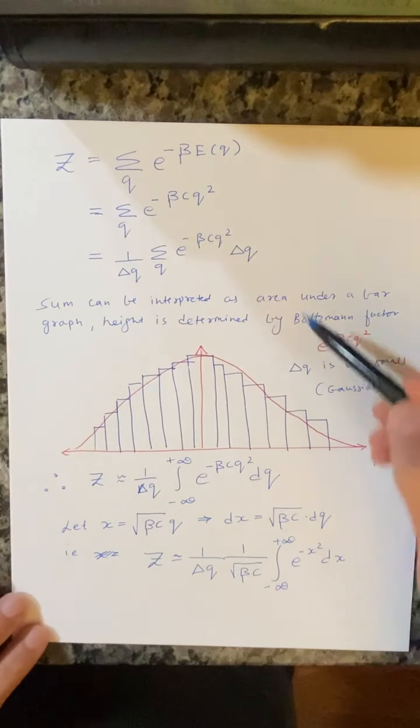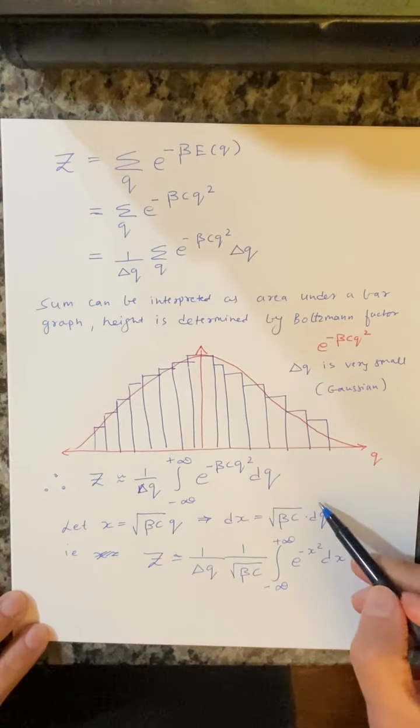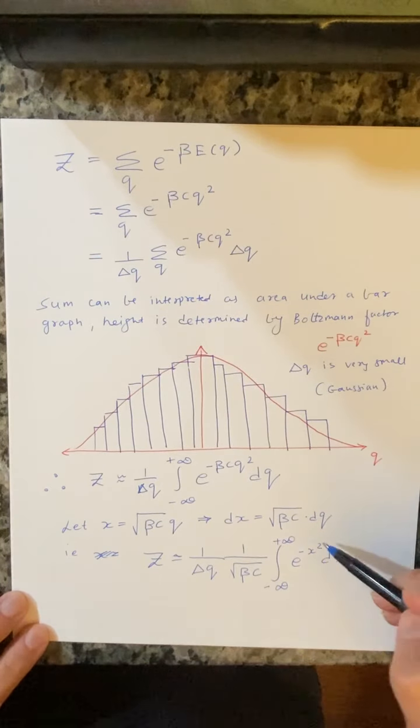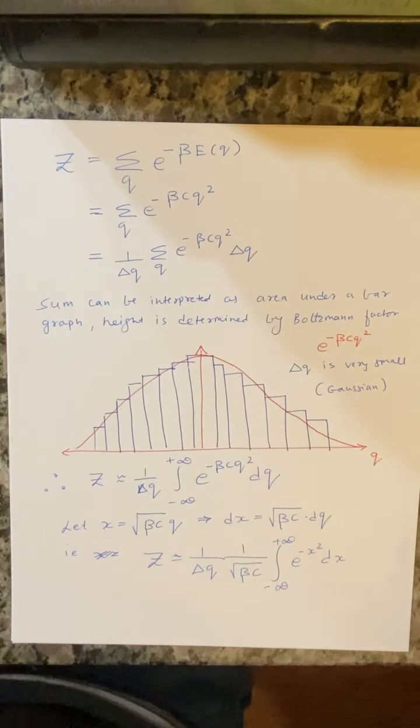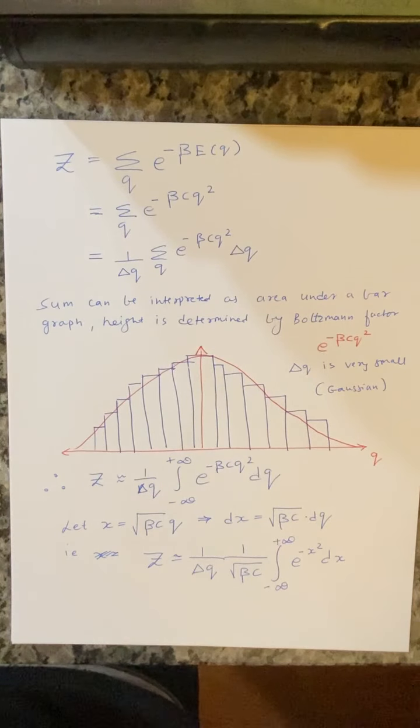Take a look. All I have done is made the change accordingly here, and in place of dQ, I now have dx, and as a result, the denominator also has 1 over under root beta C.